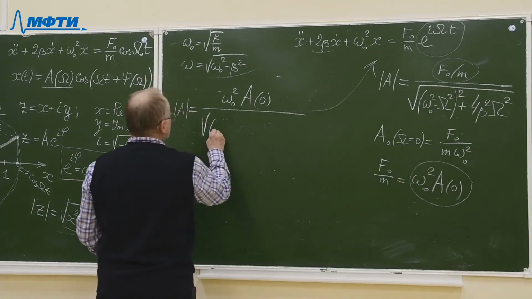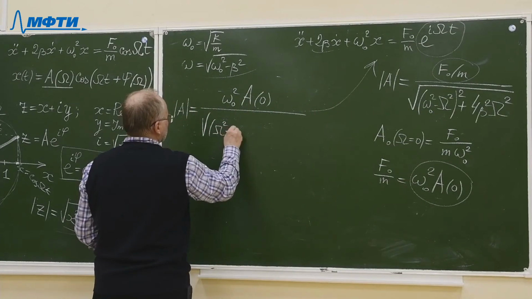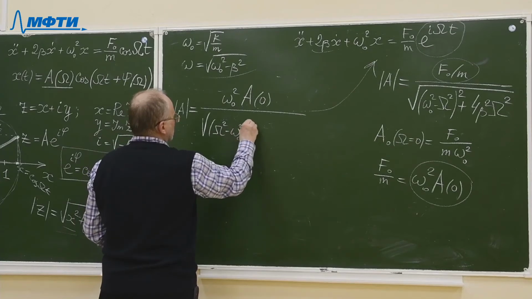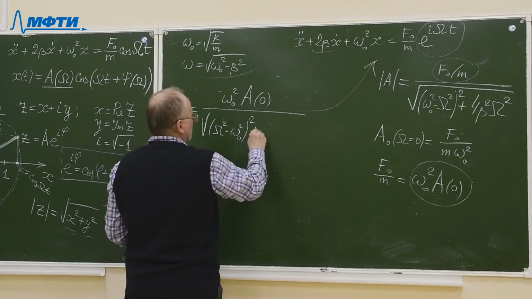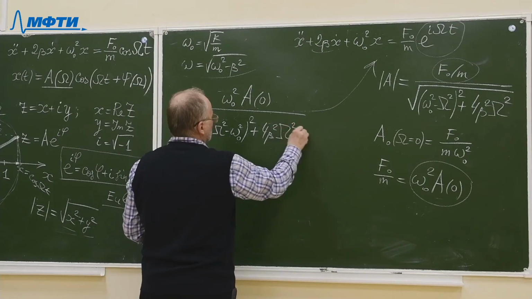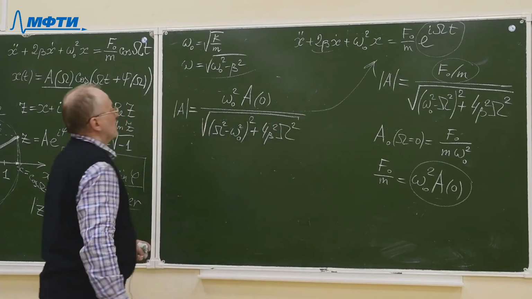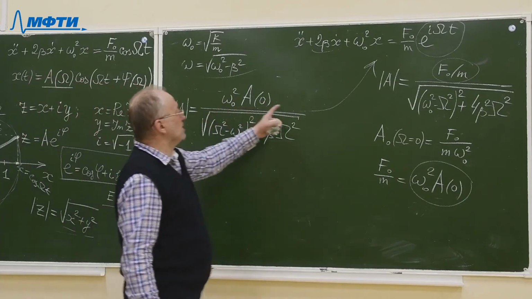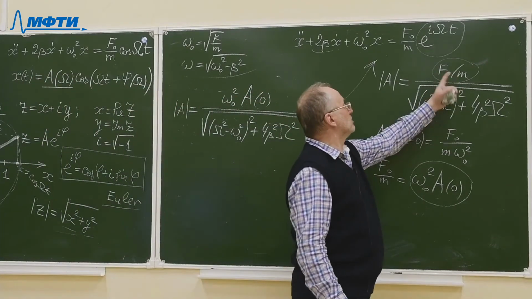I would like to put it like capital omega squared minus omega 0 squared, squared, plus 4 beta squared capital omega squared.